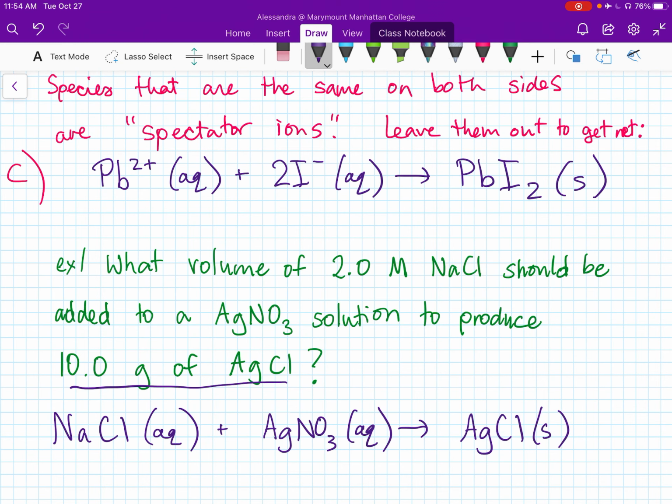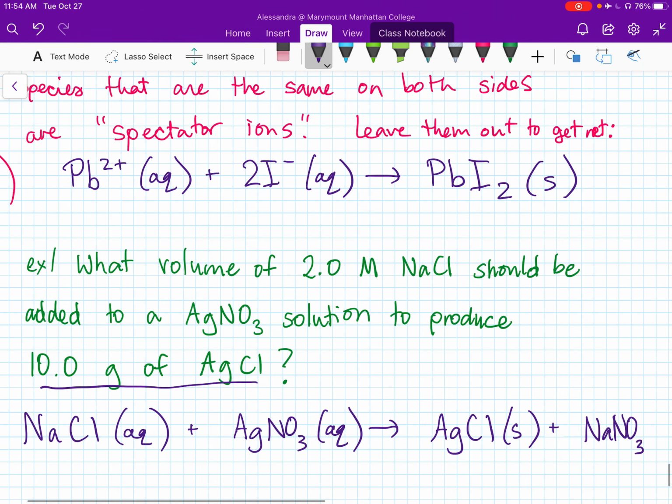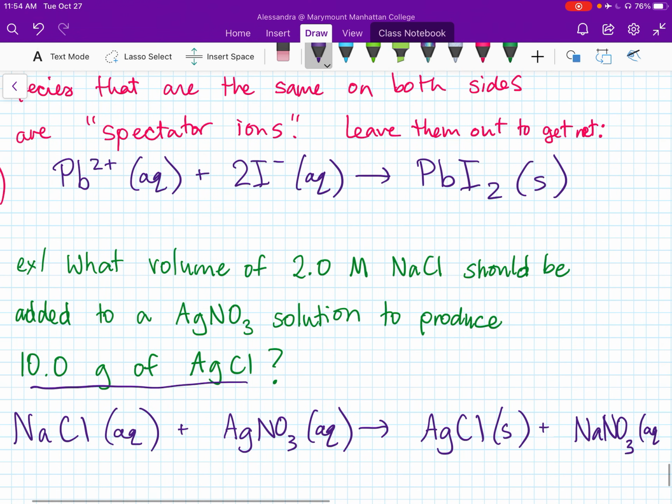The other implication here is that the sodium and the nitrate are just spectator ions. So I'm going to add those in as spectators here, as aqueous ions. This would be the reaction that I would write down if I translate that problem into a chemical equation. I just wrote it as a molecular equation here. Is it balanced? Yeah, it looks like this one just so happens to be balanced the way I wrote it.